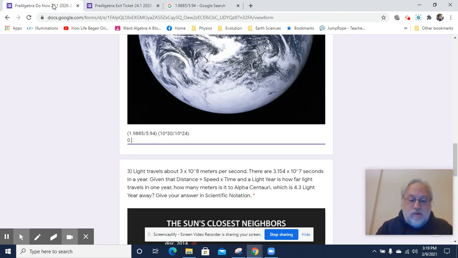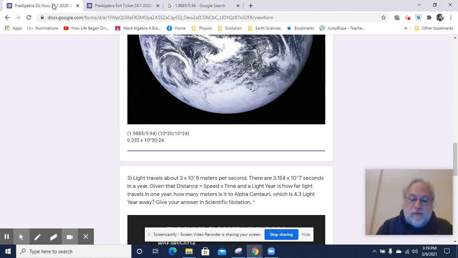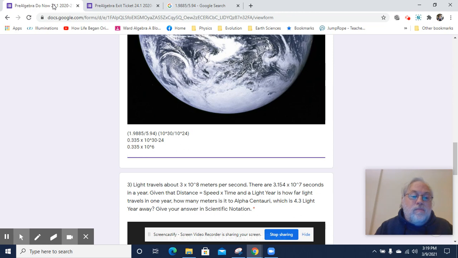So that becomes 0.335 times 10 to the 30 minus 24, which is going to be 10 to the 6th. And then I can make that scientific notation by making 0.335 into 3.35. It's 10 times bigger, so 10 to the 6 has to be 10 times smaller, 10 to the 5th.